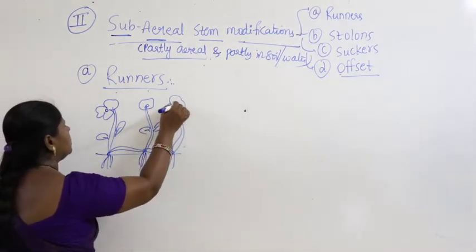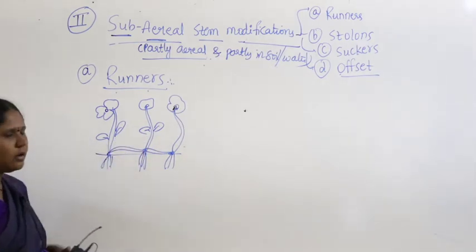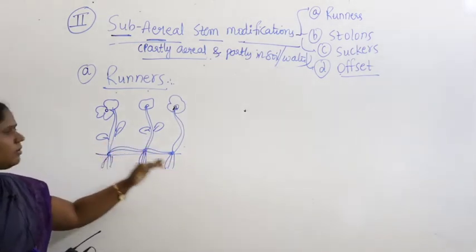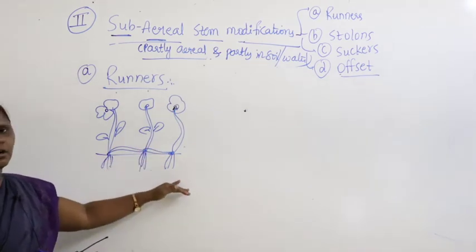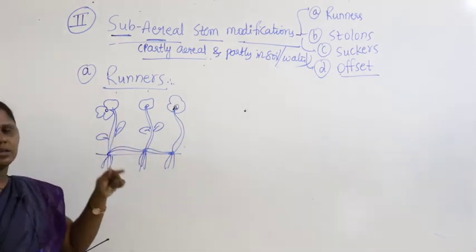So, here, keeping one plant, it runs on the surface of the ground and leads to formation of another plant.